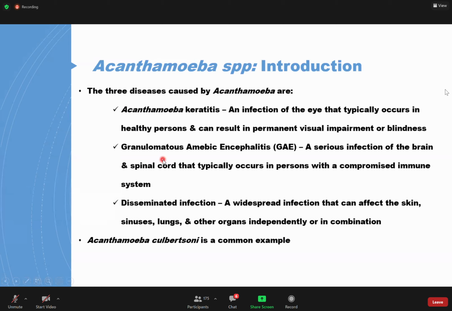You can have what we call granulomatous amoebic encephalitis, which involves the central nervous system. Or you can have a disseminated infection in which the organism is, you know what the word disseminated means, widely distributed within the system. Now, a good example that is common in human infection is an Acanthamoeba called Batsoni.